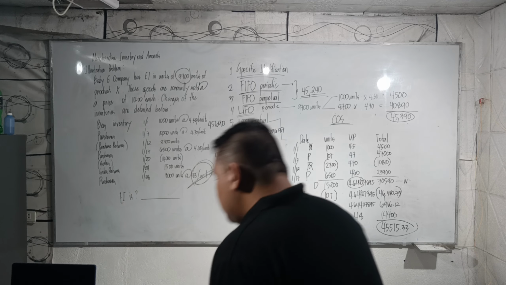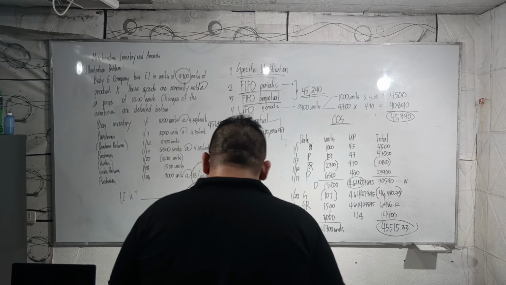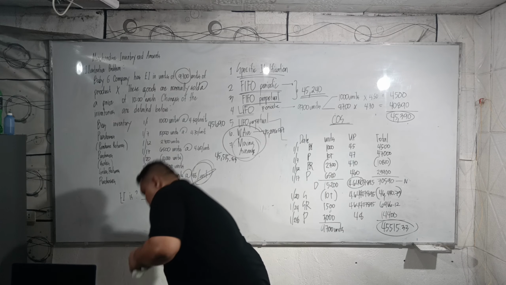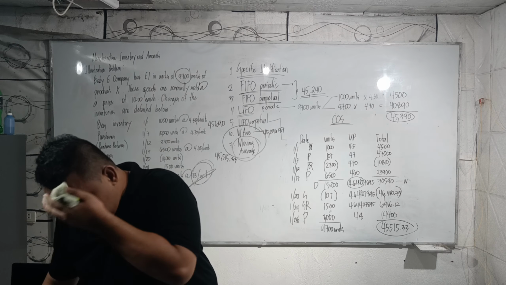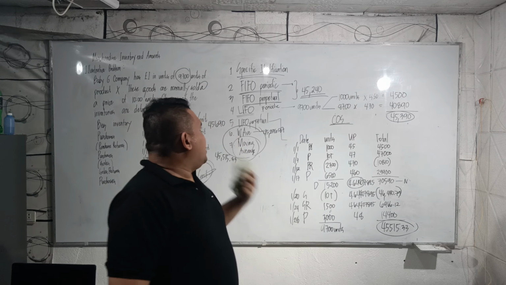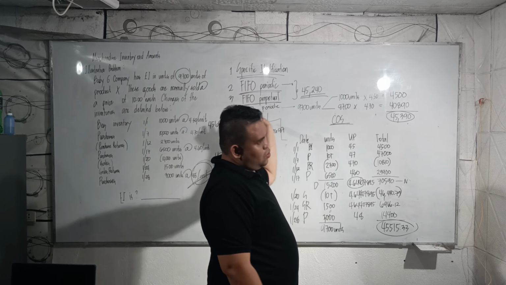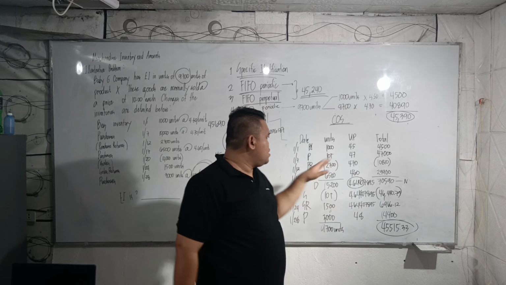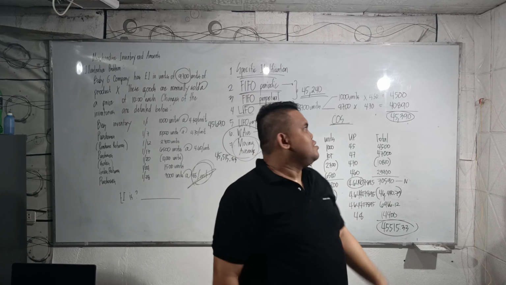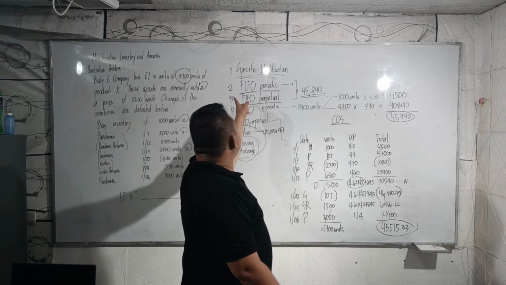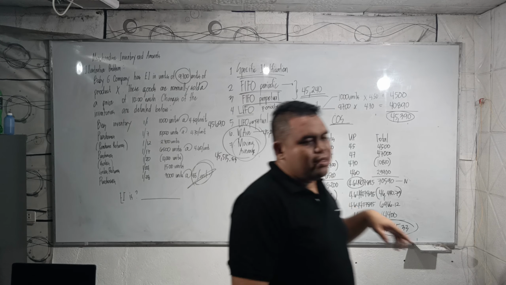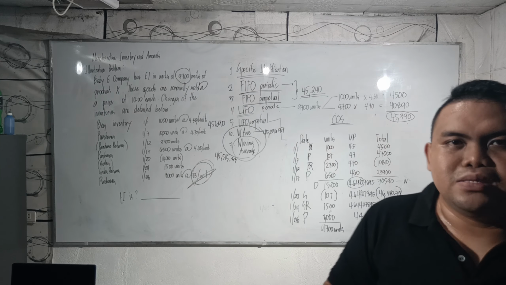And you know what? Computation for moving average, if that is the requirement of the problem, there is no shortcuts. Unlike the FIFO Periodic and FIFO Perpetual, I will not compute for the FIFO Perpetual the way that it should be computed in tests. I will compute the FIFO Periodic. After all, they always arrive at the same answer.